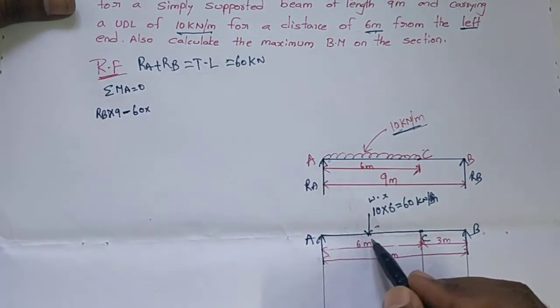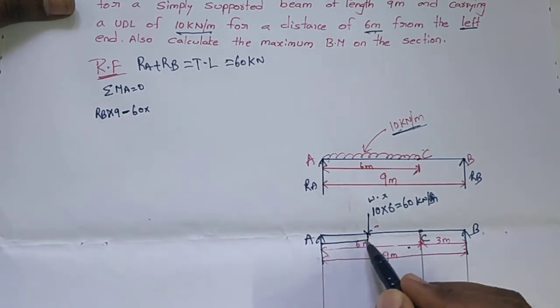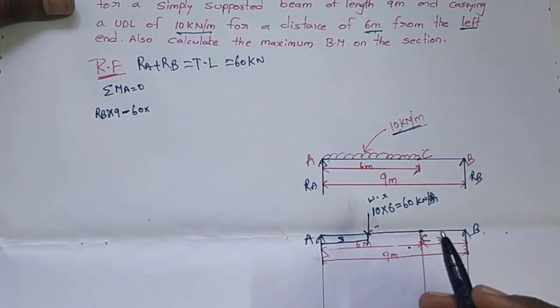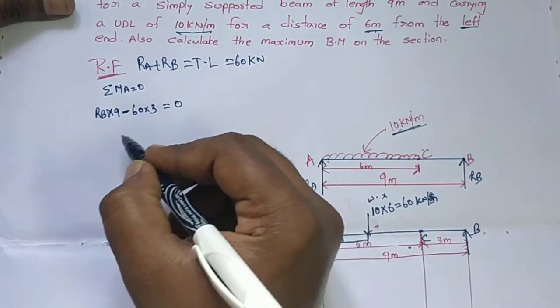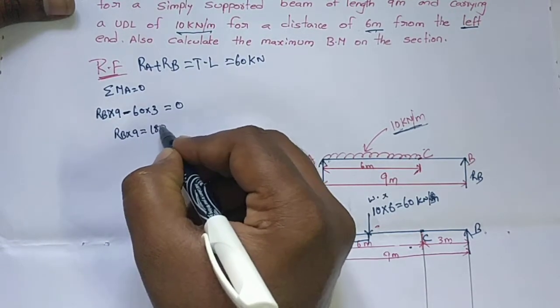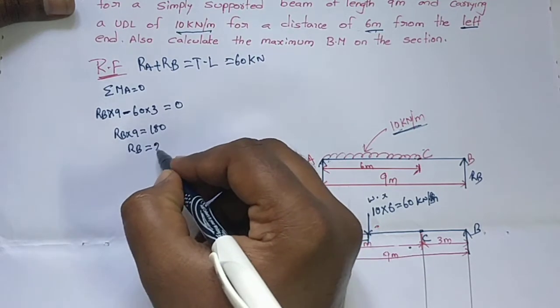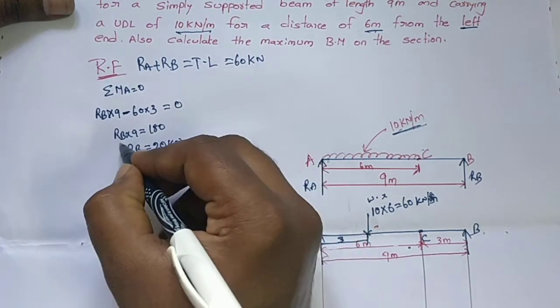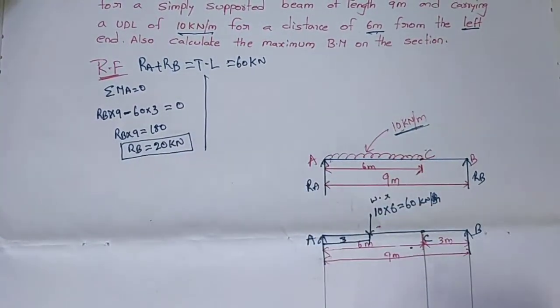The total distance is 6, so the midpoint is at 3, so minus 60 into 3 equals 0. Therefore RB into 9 equals 180. Therefore RB equals 20 kilonewtons.